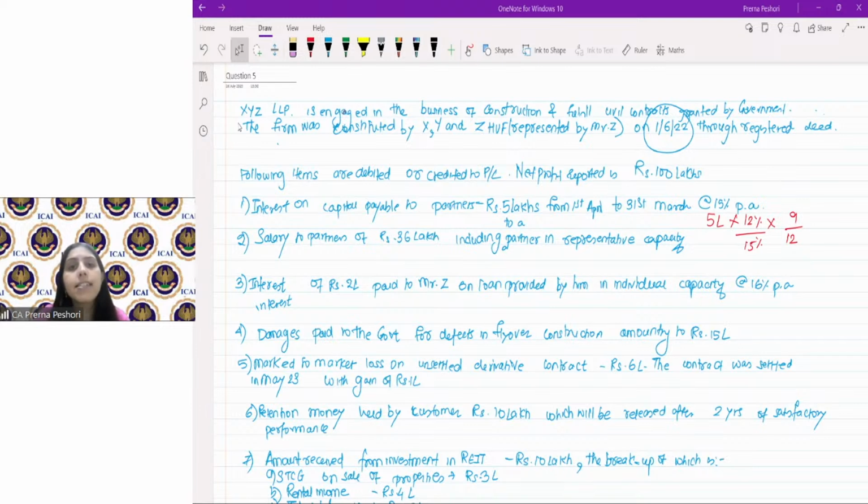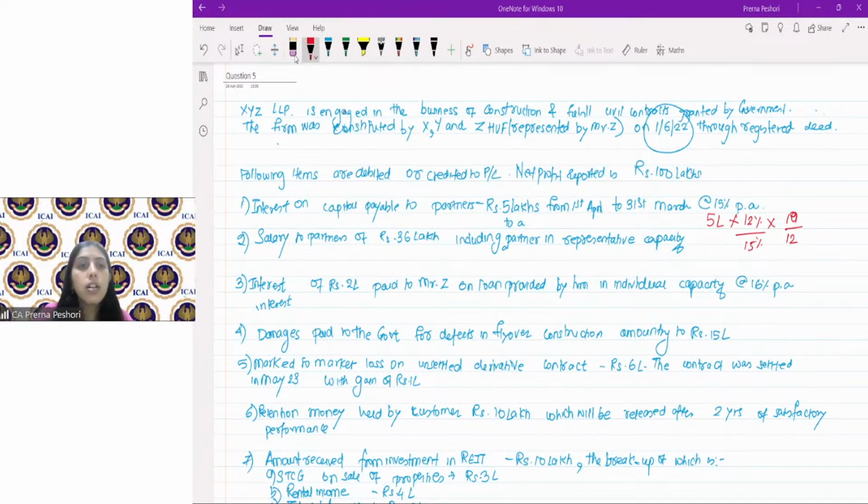Yes, Kaushiki, correct. It's 10 divided by 12 and not 9. Sorry. What will happen in this case? Yes. So first we'll disallow this and then we will come to the book profit calculation.